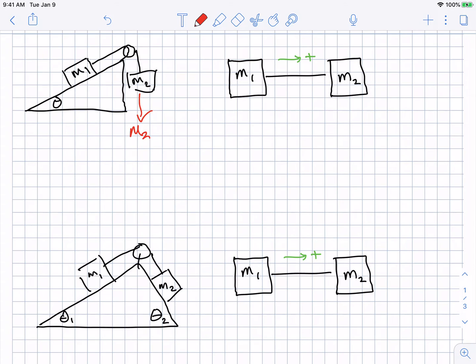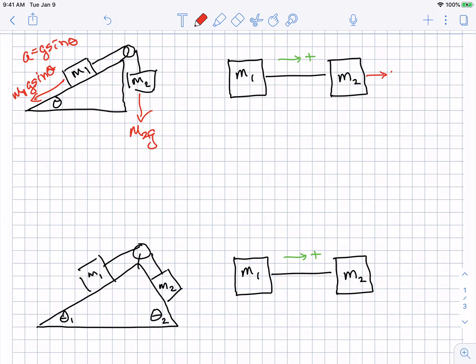You might remember that A equals G sine theta. That's the acceleration of an object down a frictionless ramp. Well, if I multiply that by M1, that's the part of the force of gravity that's pulling the object down the ramp.